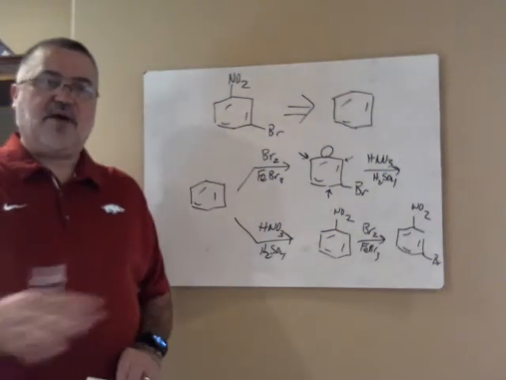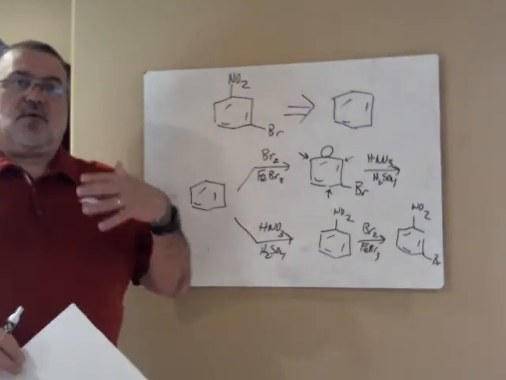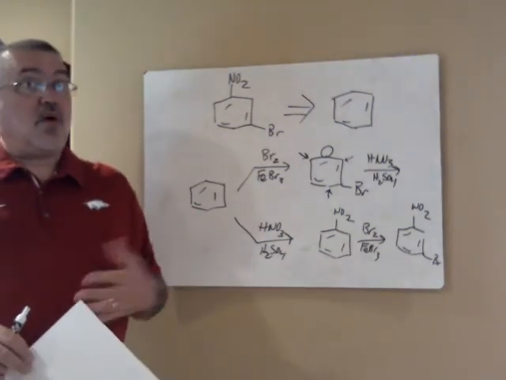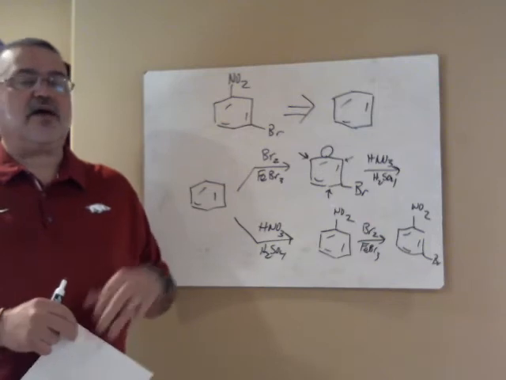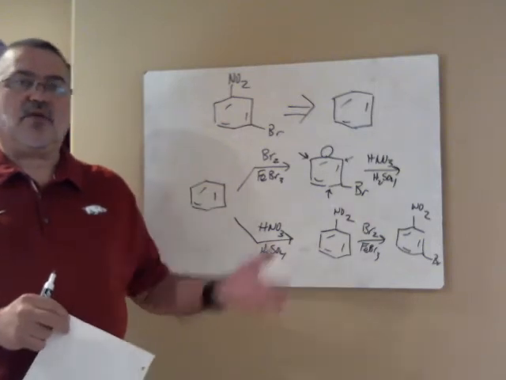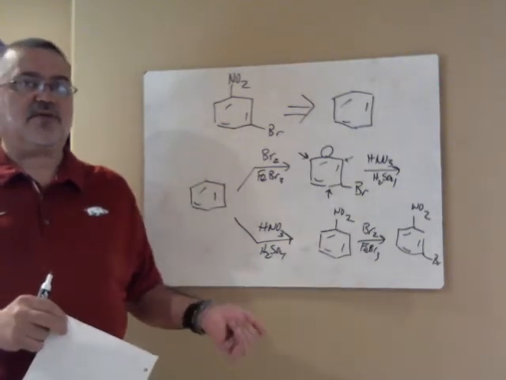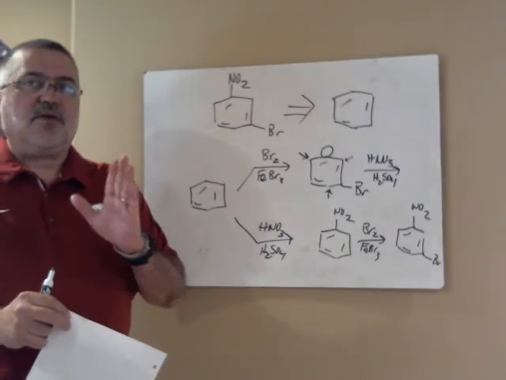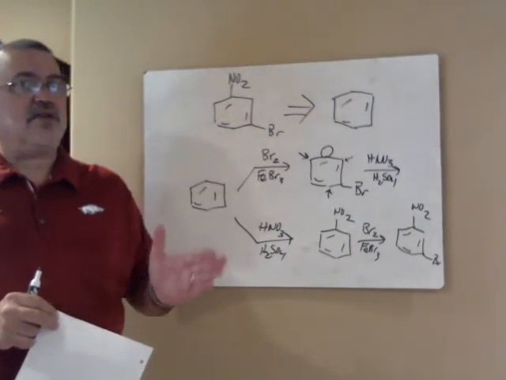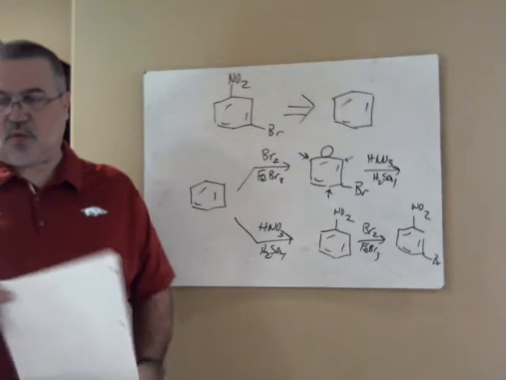So the take-home message here is, when we're looking at synthesis, which we're going to do more of probably by the end of the lecture today, the important thing with these electrophilic aromatic substitutions is that when we do a synthesis, the order of addition becomes important.